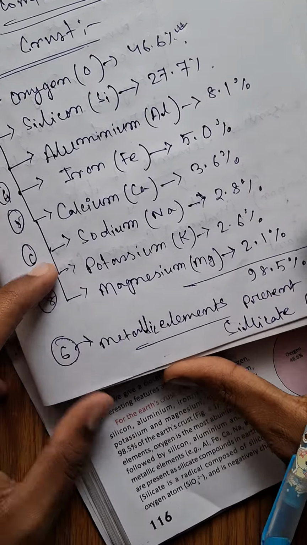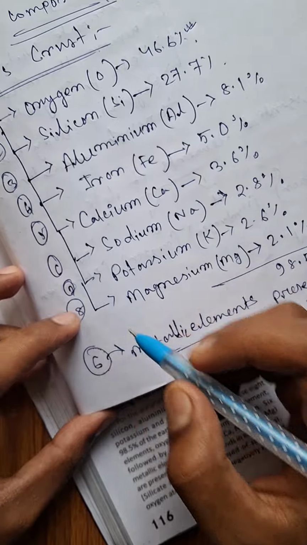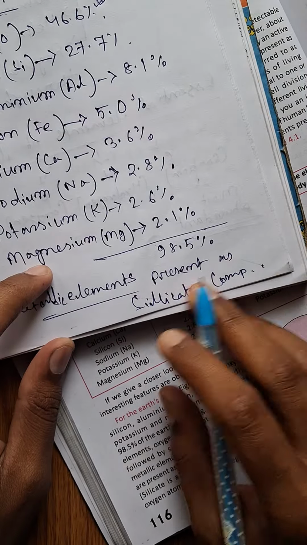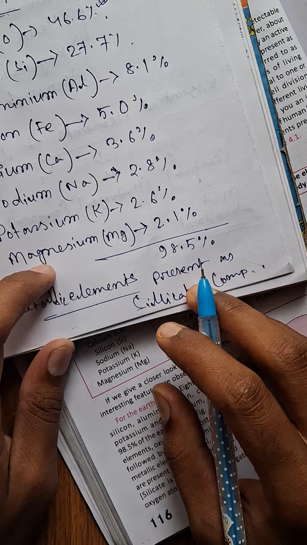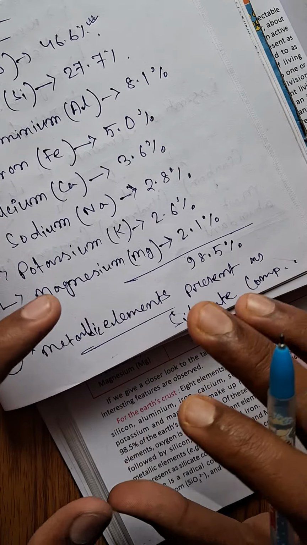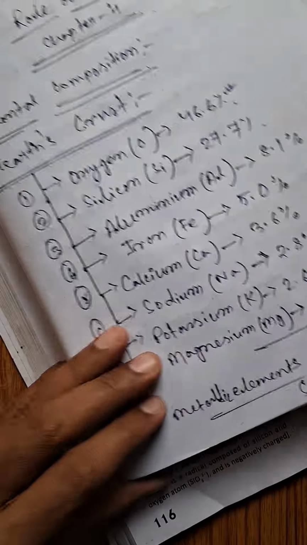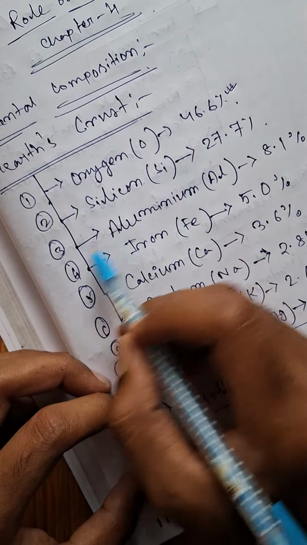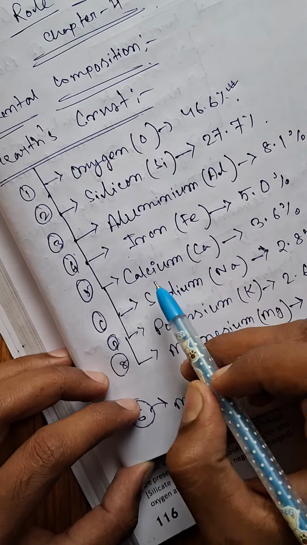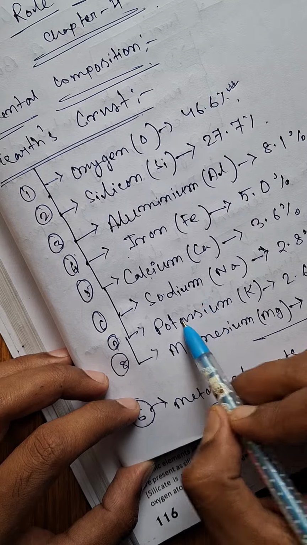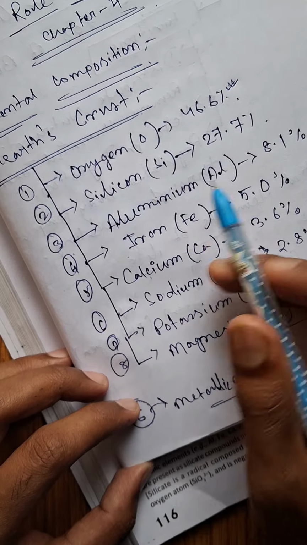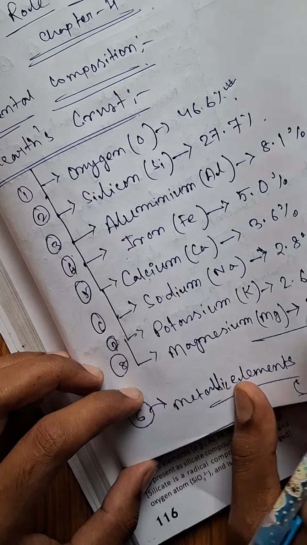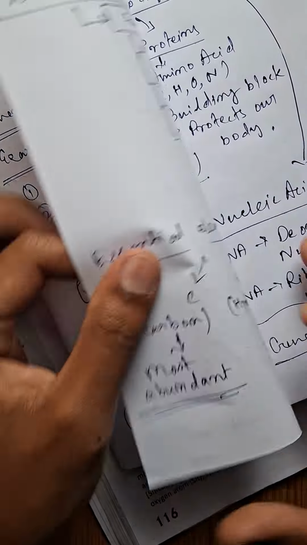From these 8 elements, 6 are metallic elements which are present in silicate compounds. Silicate compounds are compounds which contain silicon. The six metal elements are aluminium, iron, calcium, sodium, potassium and magnesium, present in silicate compounds in our Earth crust.